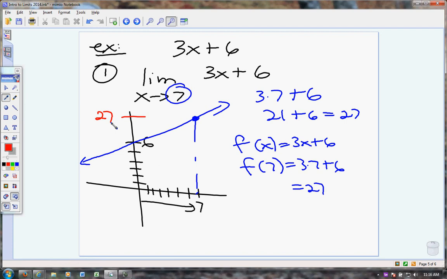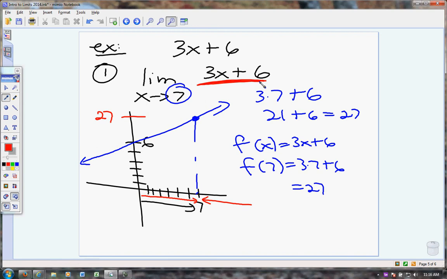Isn't that the y value it is approaching? As we get really close to 7, if I look at it from both directions, both from the left and the right, the function is approaching 27. Does everybody agree with that? Yes. Okay? So it's a very simple concept if we have a very basic equation.